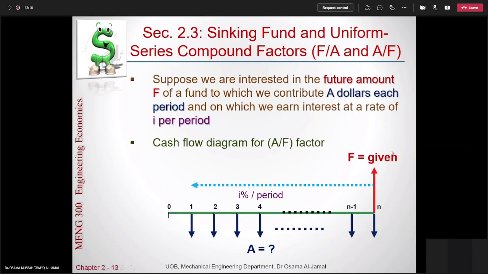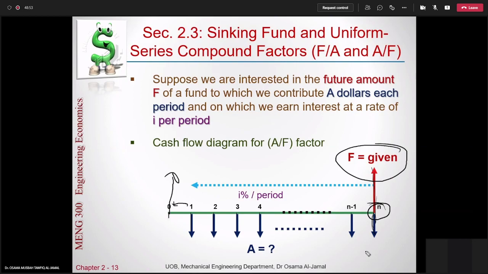If F is given and we want to find the A, or if we have an A given and want to find the F. Notice here the last payment at the last period where we are going to get that F at the same period of the last payment, end of the year. At the beginning here for P, 1 to the left, but for F, exactly with the last payment.